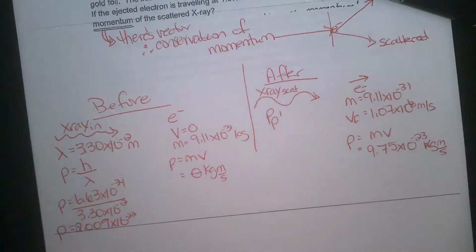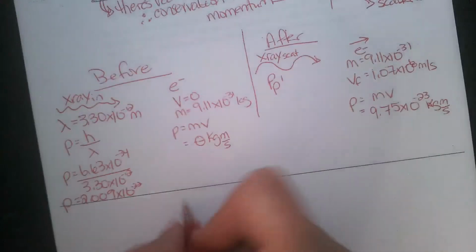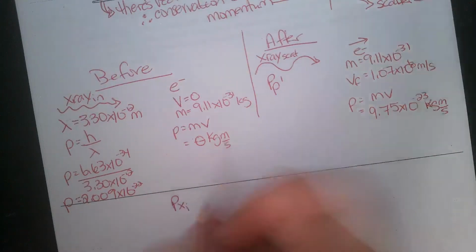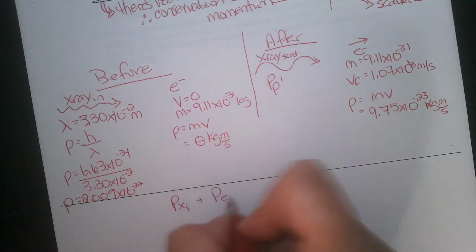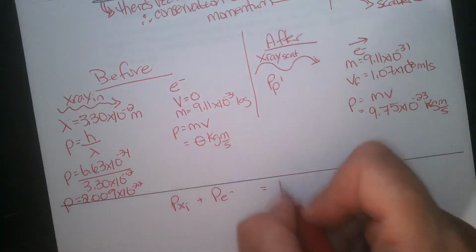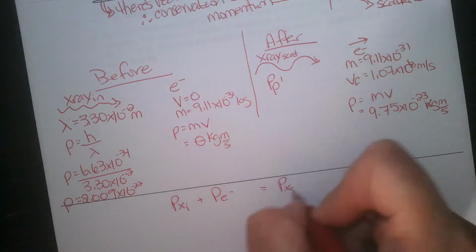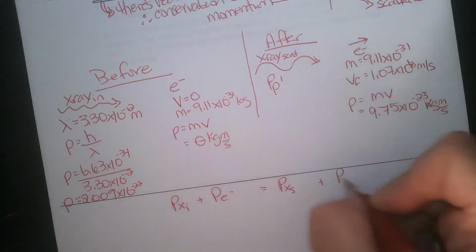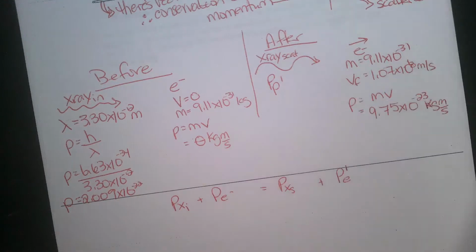So we can go momentum of the X-ray incident plus momentum of the electron is going to be equal to momentum of the X-ray scattered plus the momentum of the electron when it's been ejected.